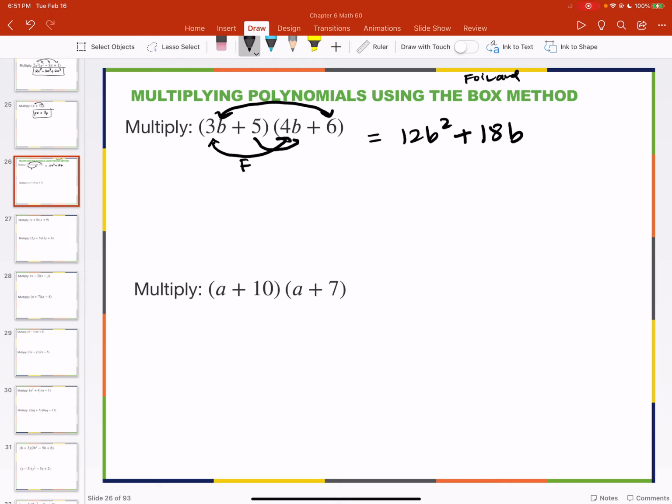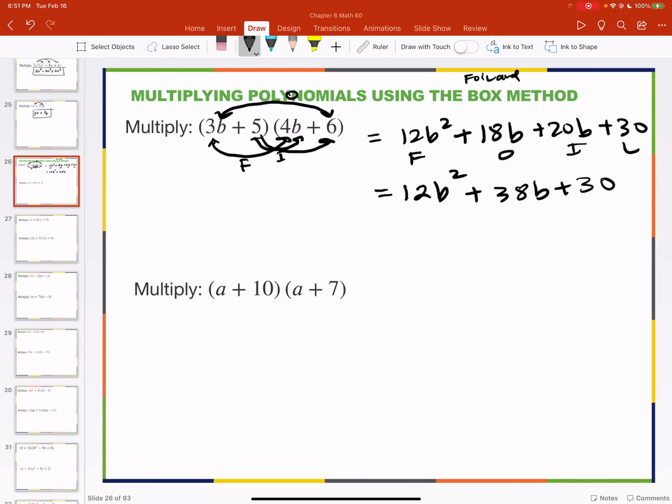Then the inner two, which is plus 20b. So this is O, and this is I. And then the last two, and that's 30. So F, O, I, L: first, outer, inner, last. That's where FOIL comes from. So then you combine like terms, 12b squared plus 38b, and then plus 30. Okay, so that's the FOIL method of multiplying two binomials.